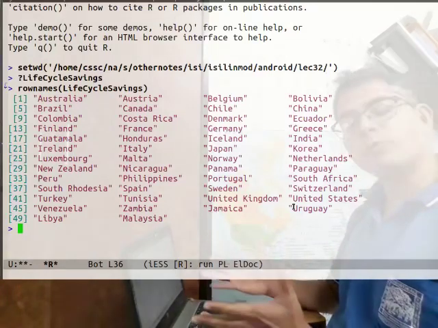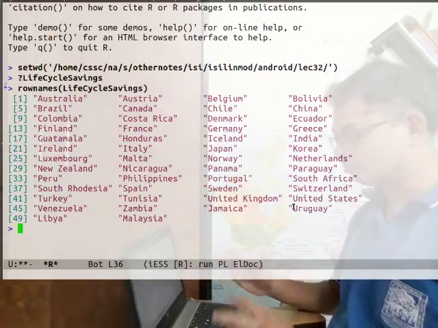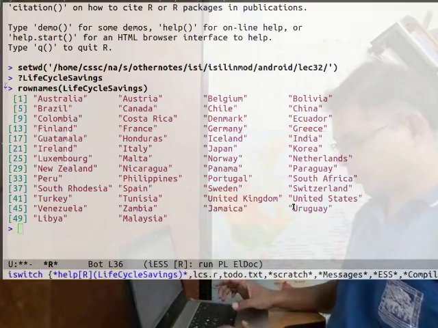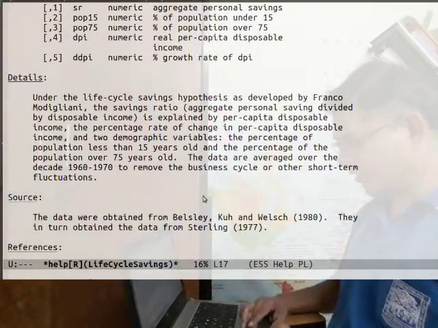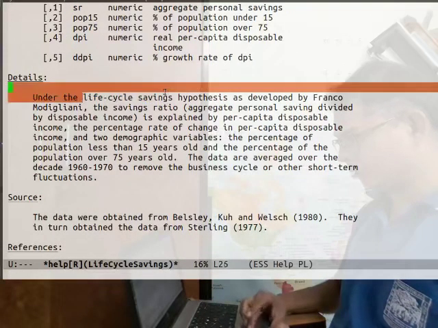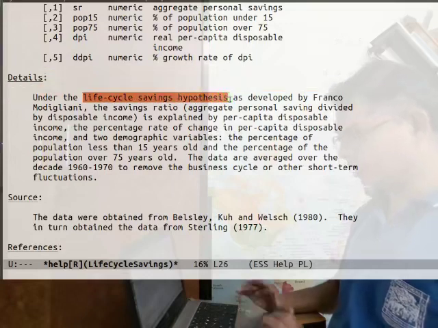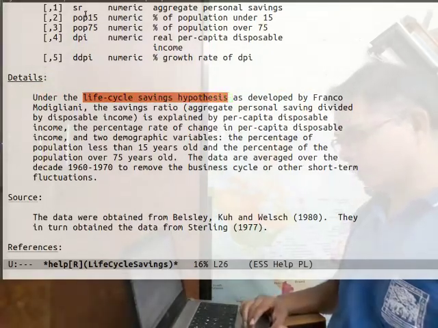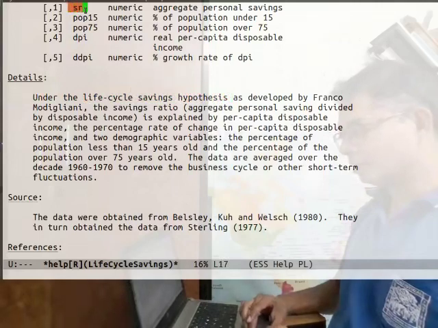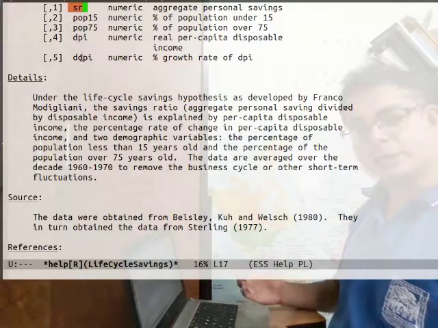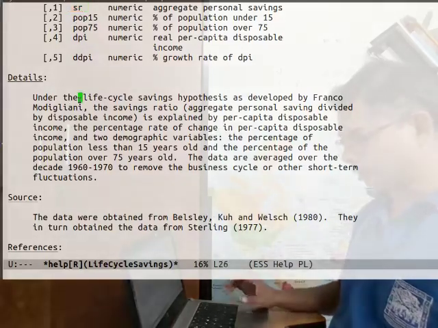Based on that, we want to check some model which they call the life cycle savings hypothesis. And for that, they need to fit a linear model with SR as the response and the remaining 4 as the predictors. So let's quickly do that.